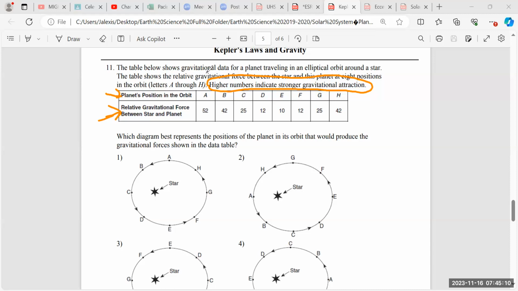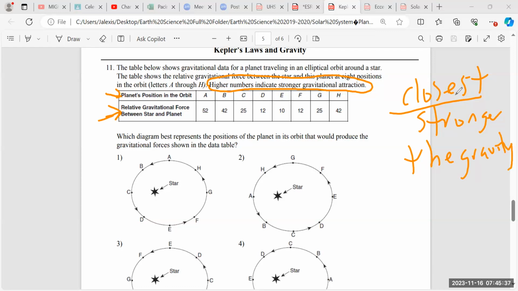Even before I look at all these letters, there's something I know about the position of a planet and the gravitational force. Remember, the closer you are, the stronger the gravity.